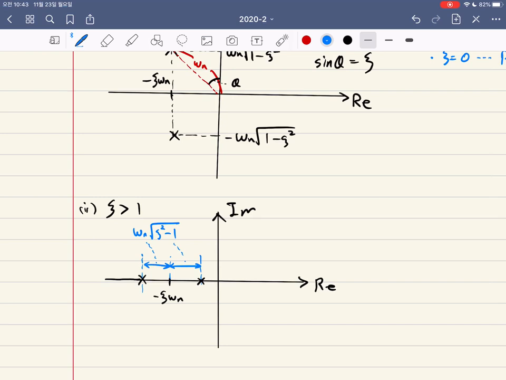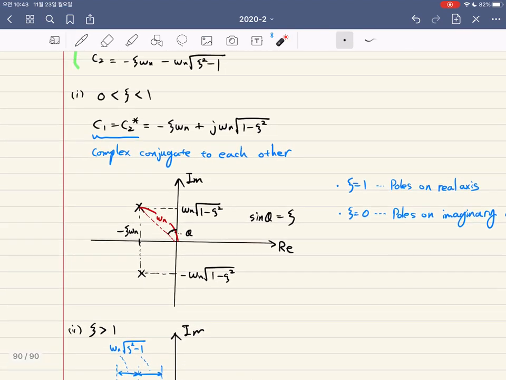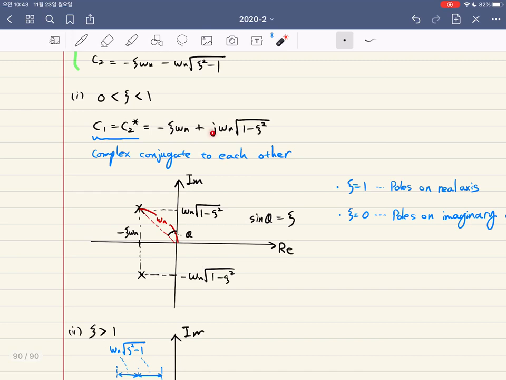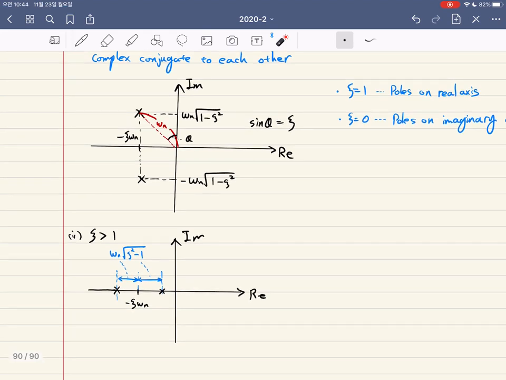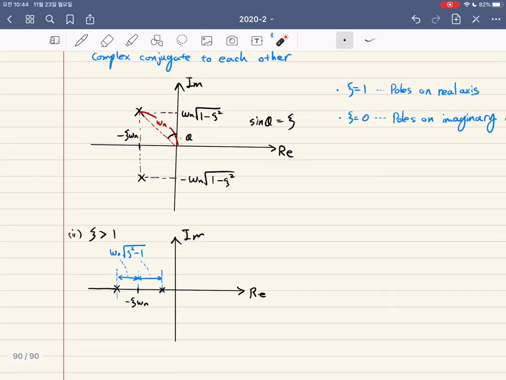So, but actually, we are more interested in the first case where poles are complex. If you have poles on the real axis, then it means there is no oscillation when you convert this into the time domain.